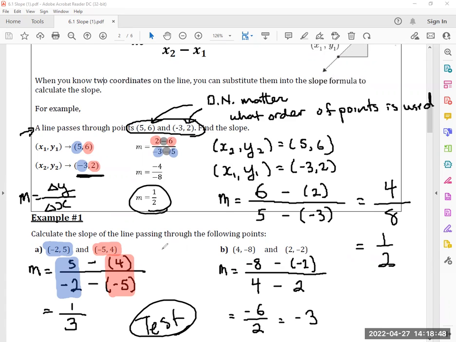Please switch for practice 1. Sorry. For practice 1, I want you to switch the order of the points and see if you get the same slope. In other words, please test it if I gave you the points negative 5, 4 and negative 2, 5.